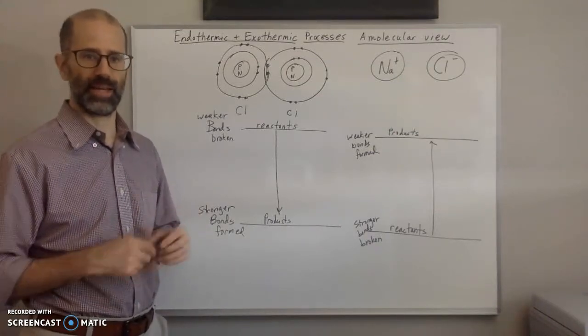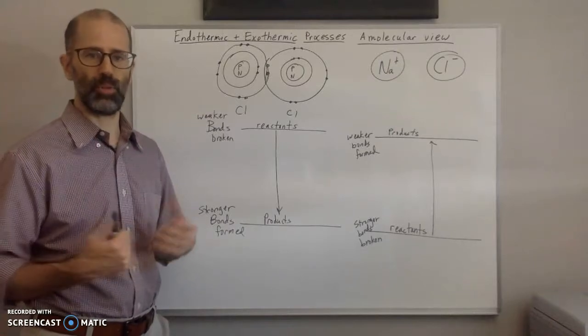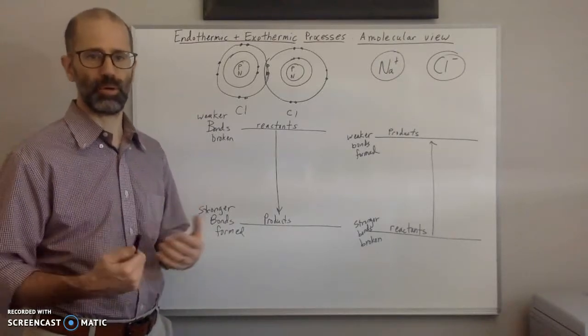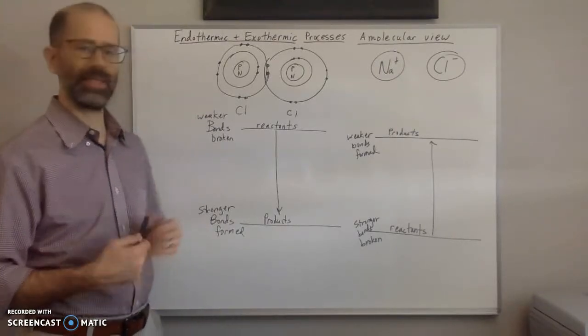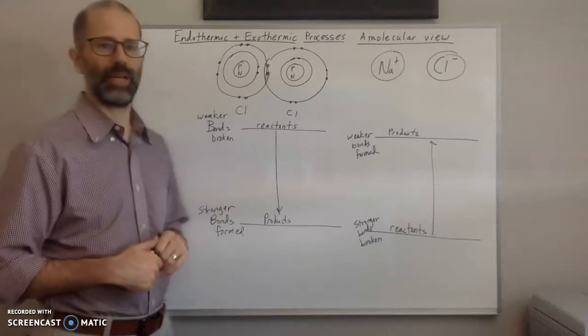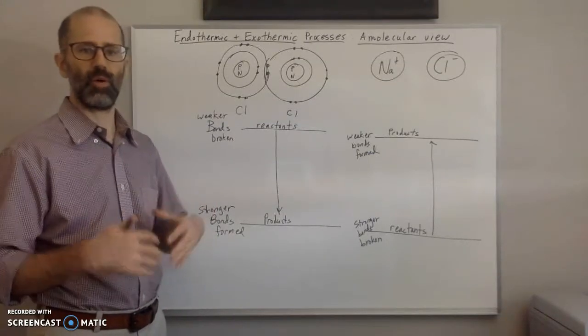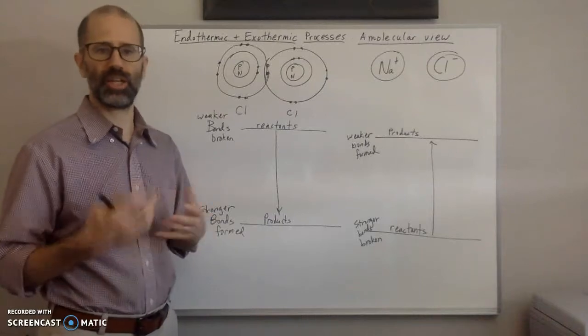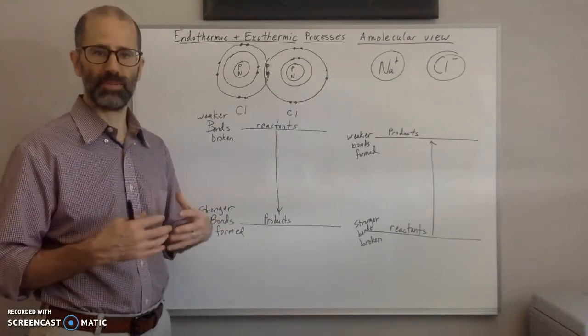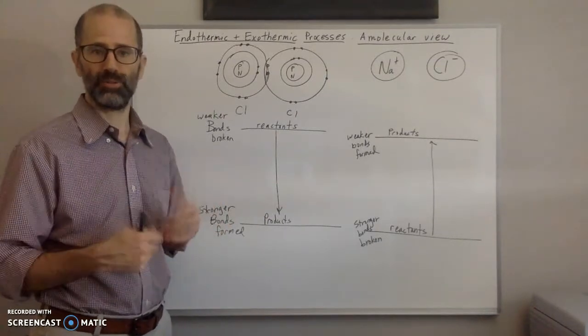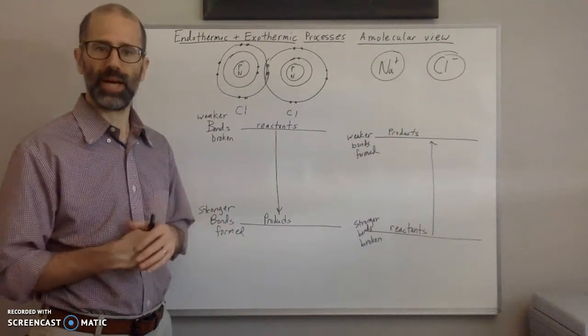In that case, we're talking about chemical potential energy, or just chemical energy. And where is this chemical energy? The chemical energy is stored in the organization or the positioning of the molecules and atoms and the electrons relative to each other, right? So what's going on in the bonding?